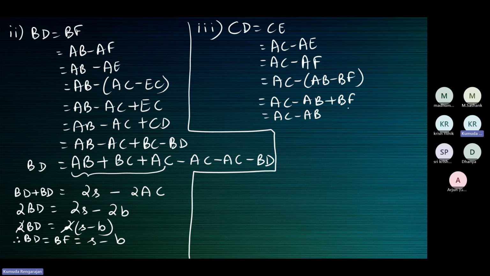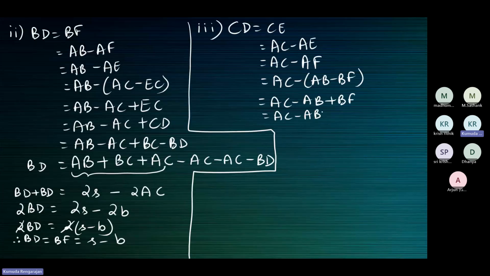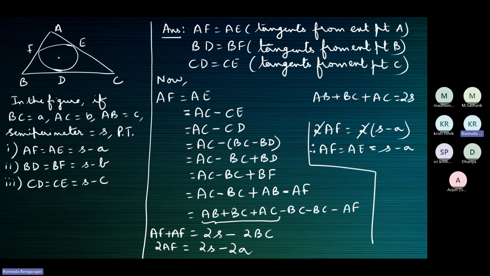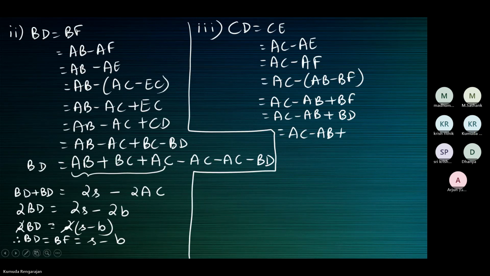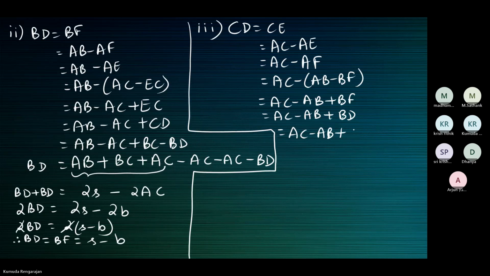We'll further replace BF. BF is BD, and BD is BC minus DC, or CD. I'll continue here.